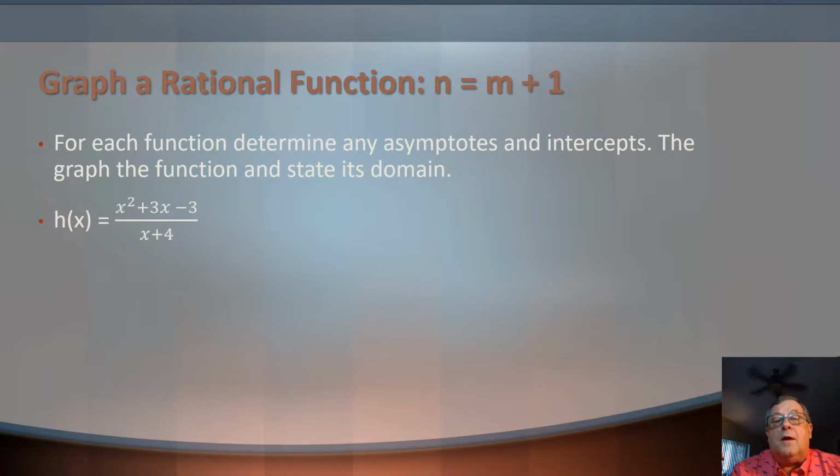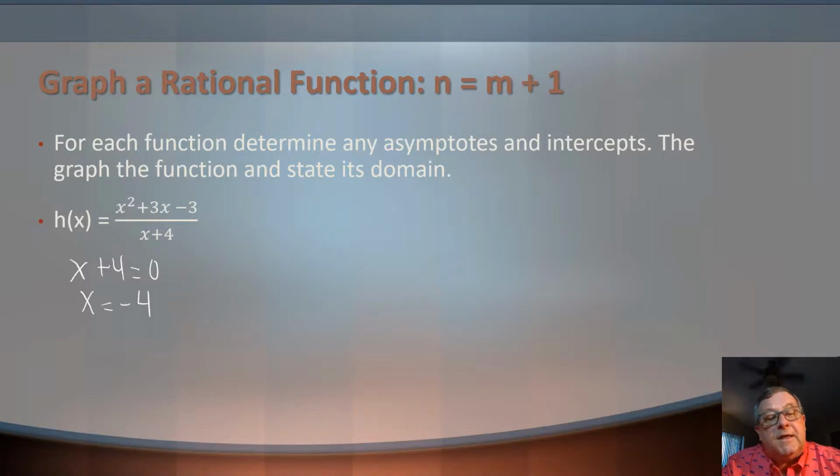Now we know that a vertical asymptote is going to be created by any number that tries to divide by 0. So we can take that denominator, set it equal to 0, solve for x, and we have a vertical asymptote when x is equal to -4.